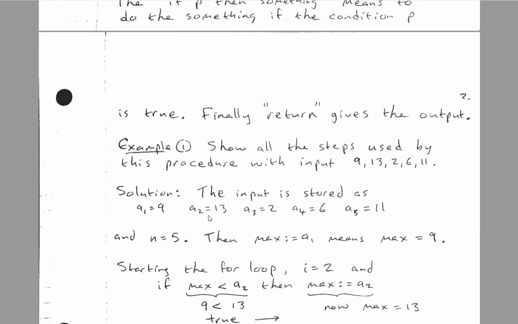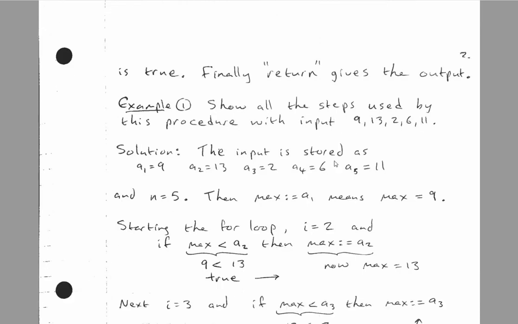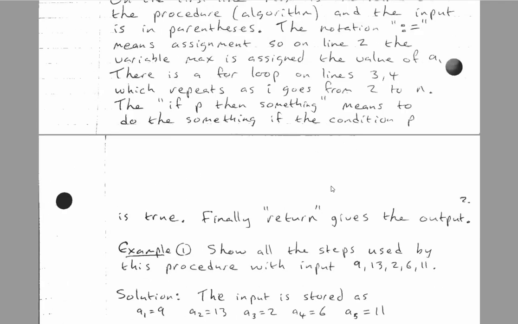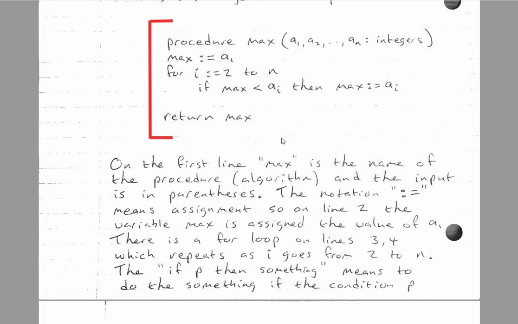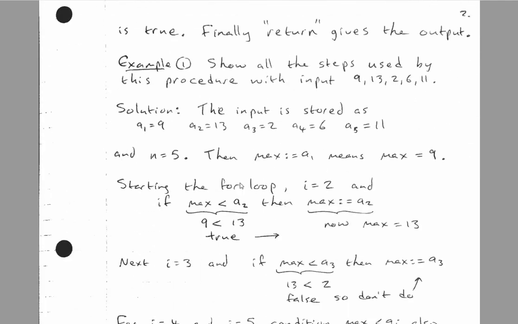A1 is 9, A2 is 13, up to A5 is the last number. So n is 5, the number of items in the list. Then on the second line, max is assigned A1. So now max is storing the number 9.